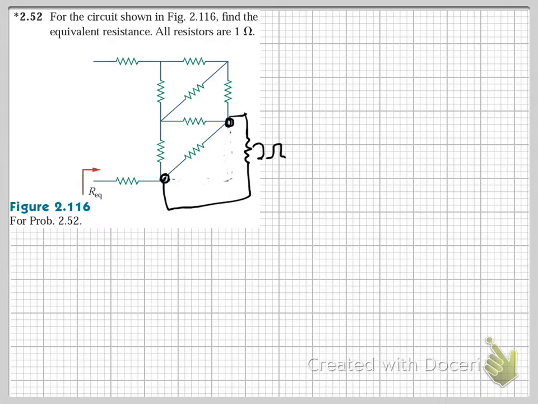Now 2 in parallel with 1 is going to give us 2 over 3. Why 2 over 3? Because R equivalent is equal to 2 times 1 over 2 plus 1, which is 2 over 3, right?